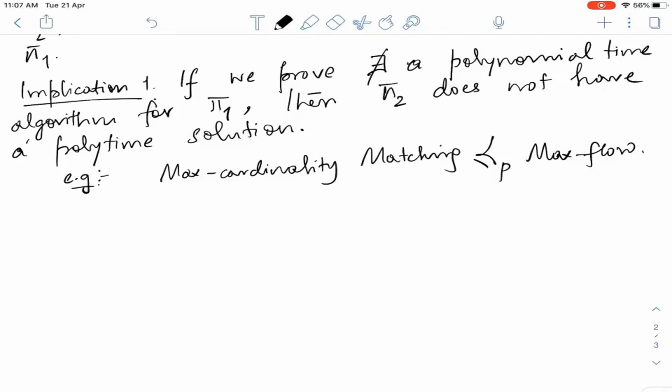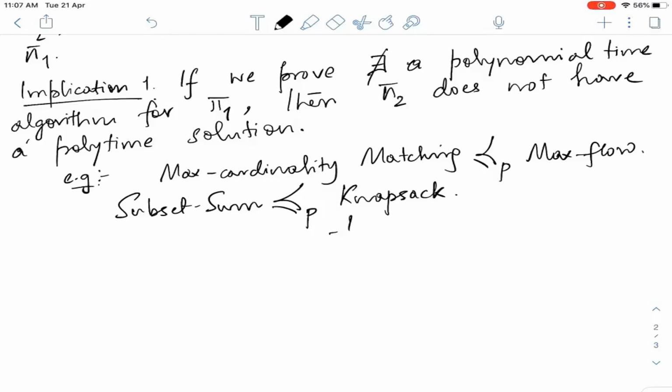So remember, what is the runtime of knapsack? What he says is subset sum reduces to knapsack. Remember, the runtime of knapsack was something like order n times W, where W is the size of the knapsack. Please remember, this is not polynomial time.